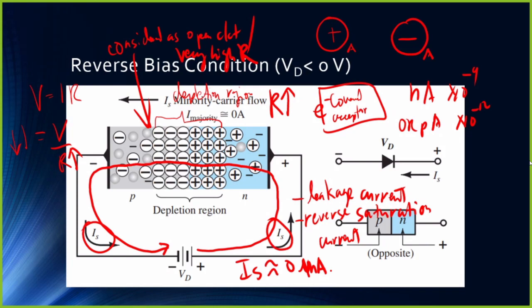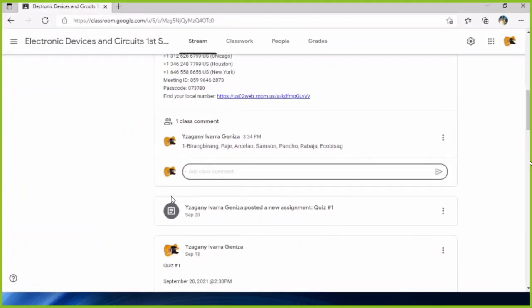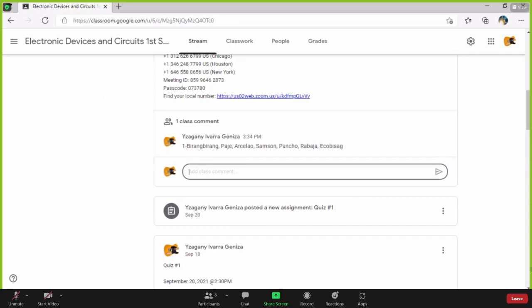Ang tawag doon ay leakage current or reverse saturation current. So siguro hanggang dito muna di-discuss ko para hindi masyadong masaturate ang inyong hapon. Okay. So hanggang dyan muna. So kung may questions tayo, tanong lang doon sa ating chat box while I take your attendance. So I think pasok naman.